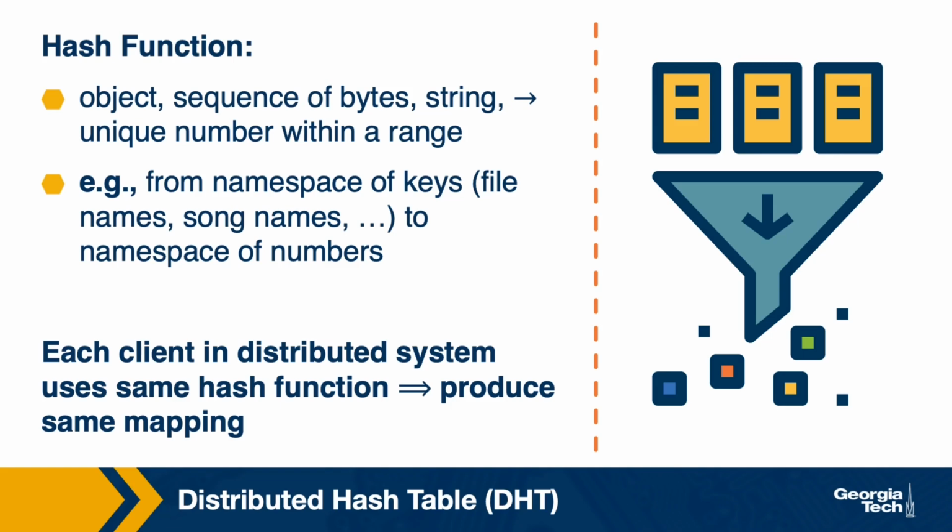This would allow them to produce the same unique number, the same identifier, as an output from applying this hash function on the same input. The input can be the name of the file that a client is looking for, the name of the song, some other key, and the DHT will produce an identifier which could be an identifier for the node that stores that content. In that sense, the DHT translates the namespace of the input, the key, to a much simpler namespace of essentially integer numbers.